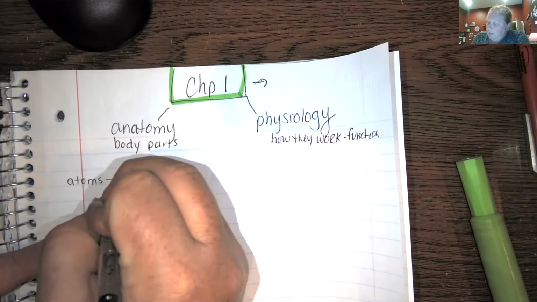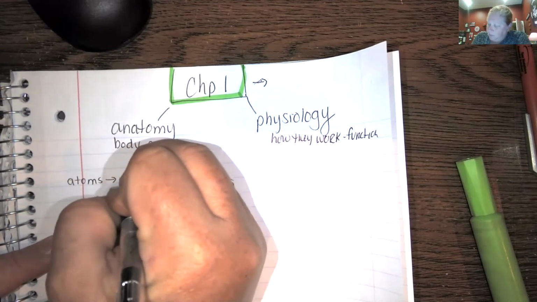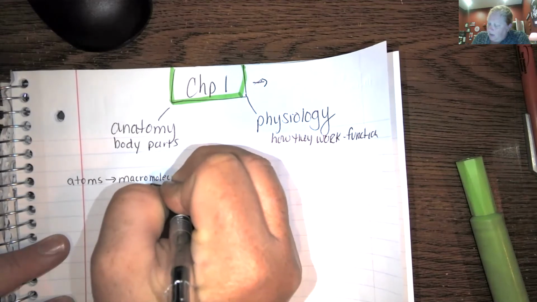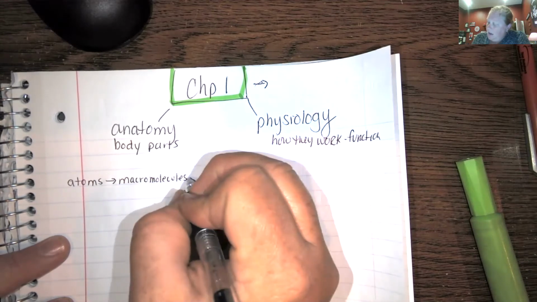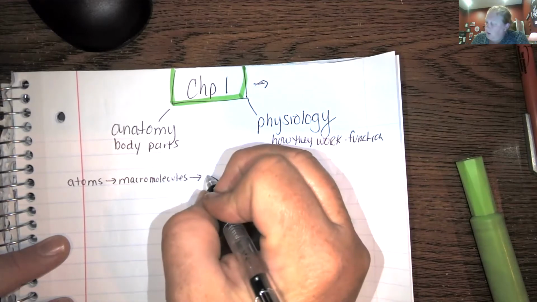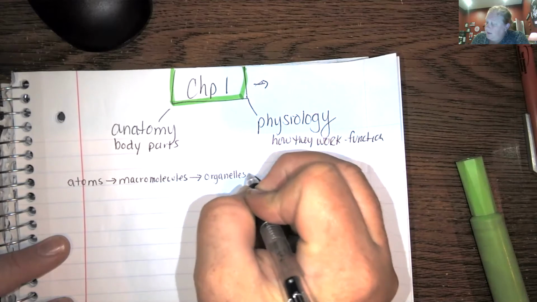And those subatomic particles make macromolecules, right? Molecules, macromolecules, carbohydrates, things like that. And those in turn make up those organelles that are inside the cells.